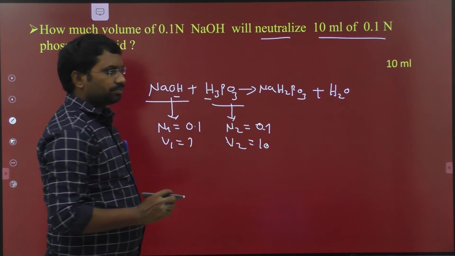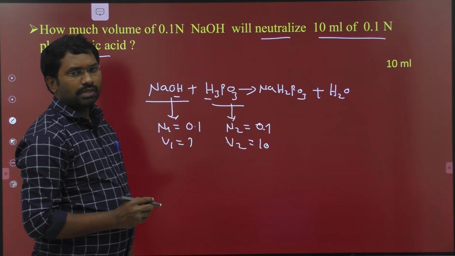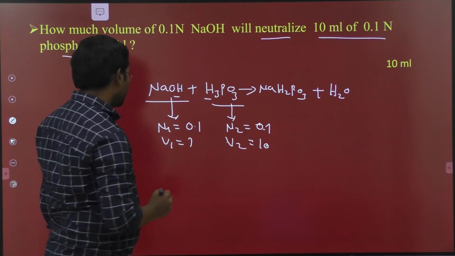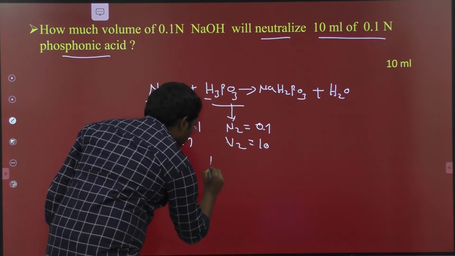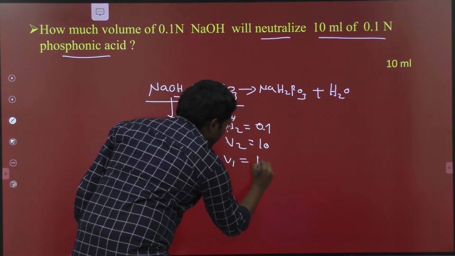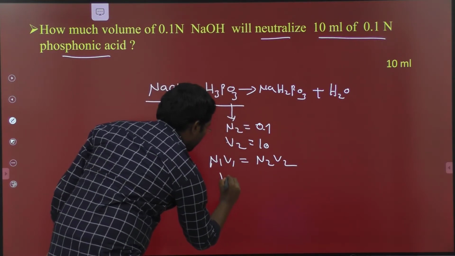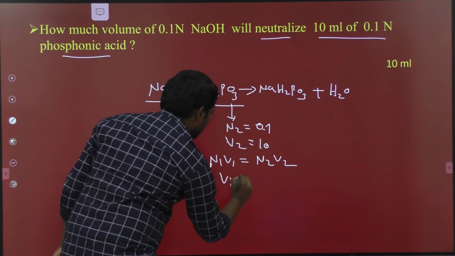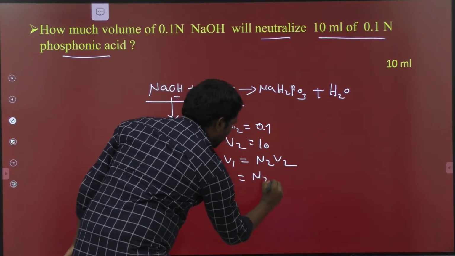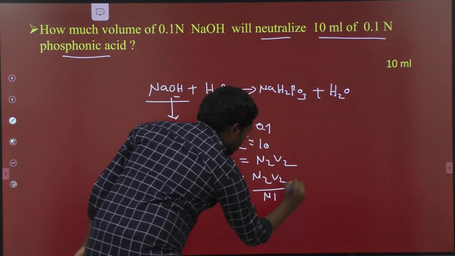So by applying the dilution formula, M1V1 is equal to M2V2 in case of molarity. In case of normality, we have to write the same formula: N1V1 is equal to N2V2. From this, we have to calculate the value of V1. This is equal to N2V2 by N1.